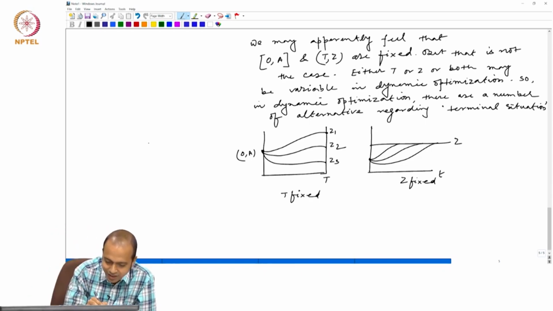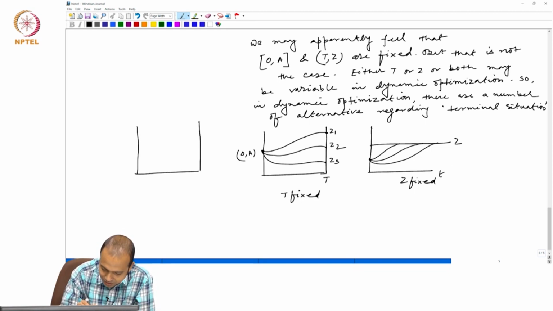So, the standard case that we have discussed is this 0a and Tz.